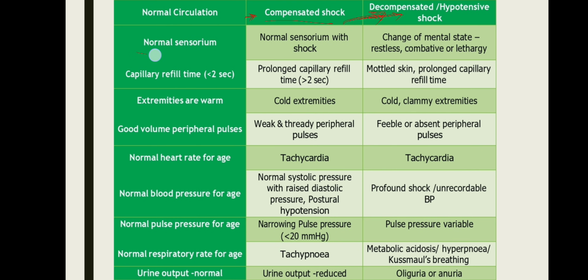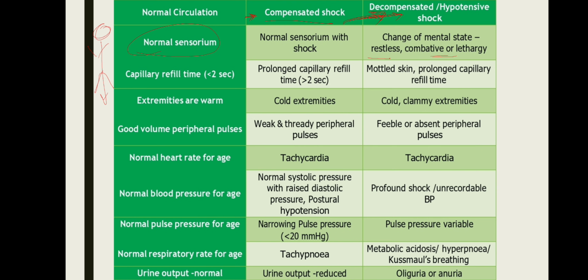First is the sensorium, going from head to toe. First the GCS, that means normal sensorium. In compensatory shock, the sensorium may be normal or the child may be irritable, but in decompensatory shock, the child is restless, lethargic or comatose, or in stupor.